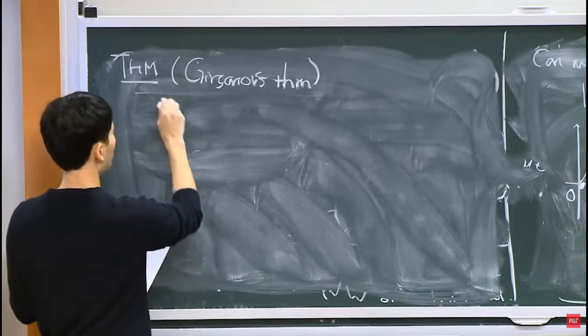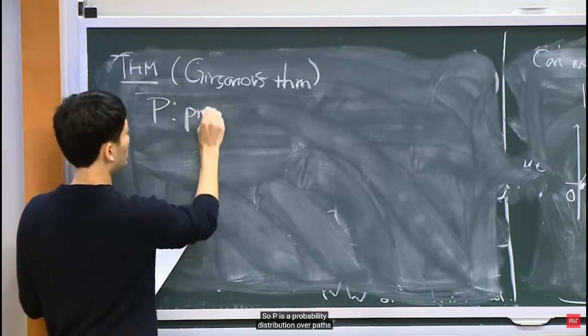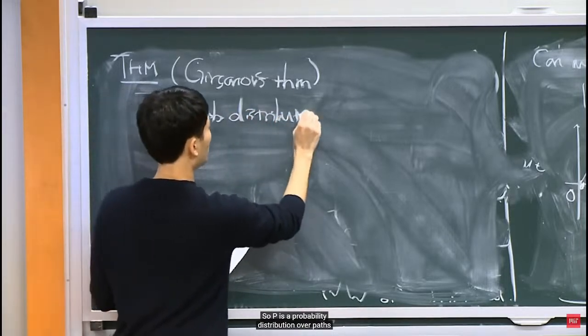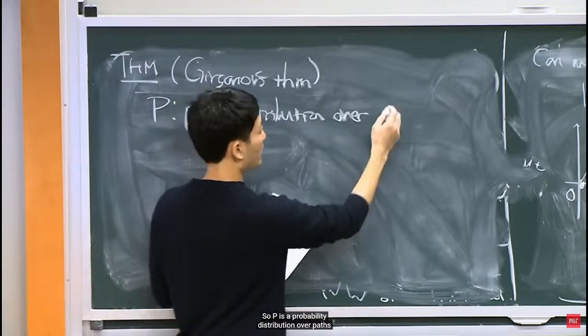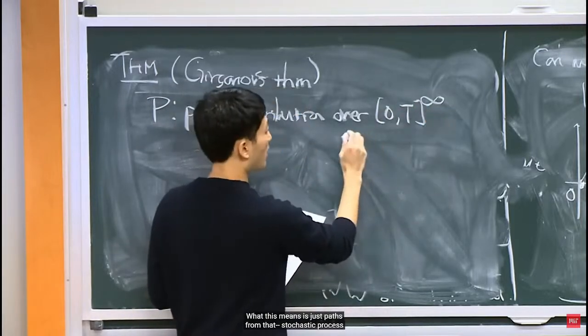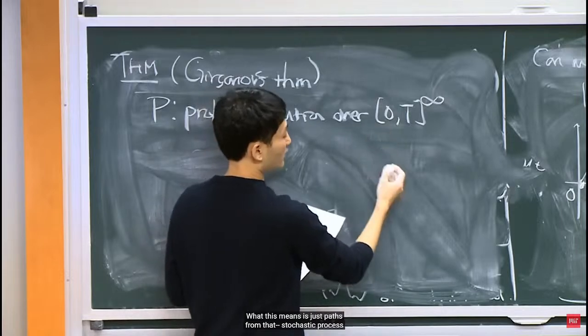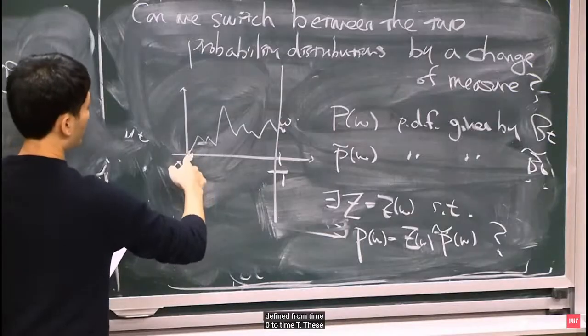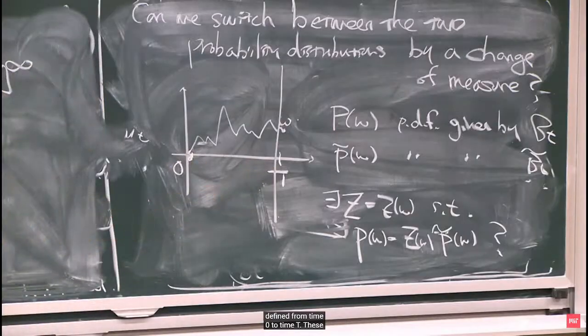Okay, so P is a probability distribution over paths from 0 to t. What this means is just paths from a stochastic process defined from time 0 up to time t.